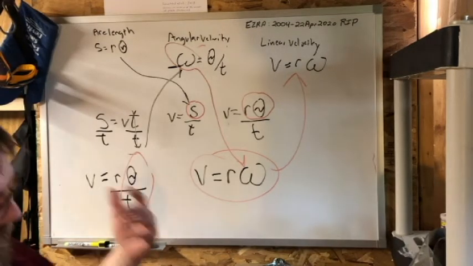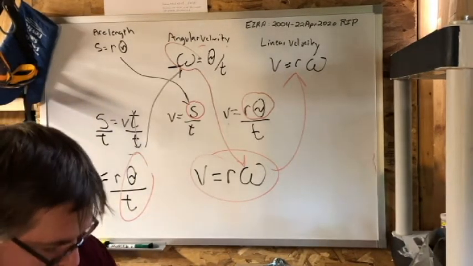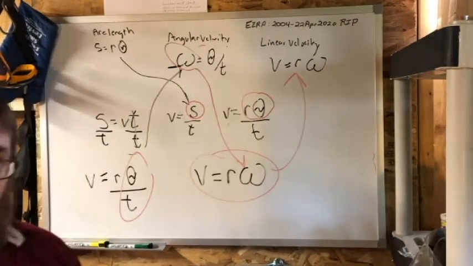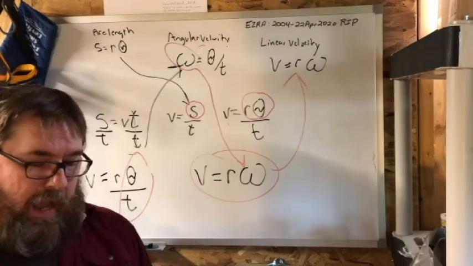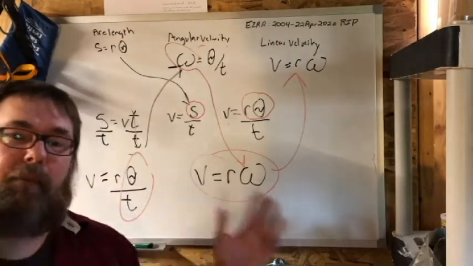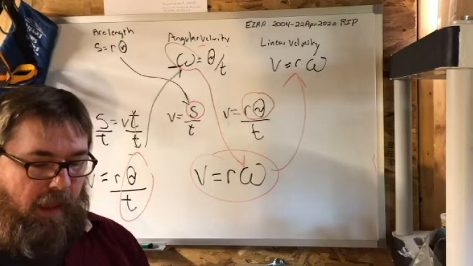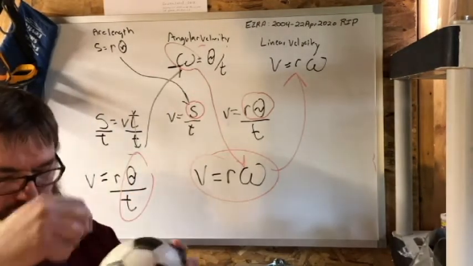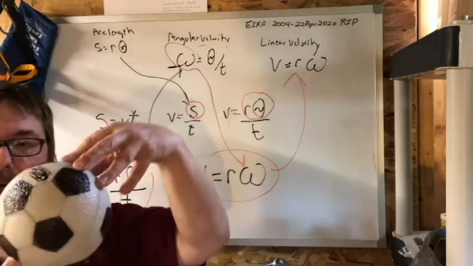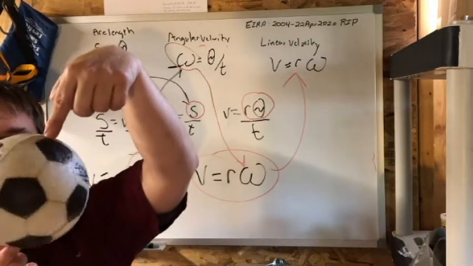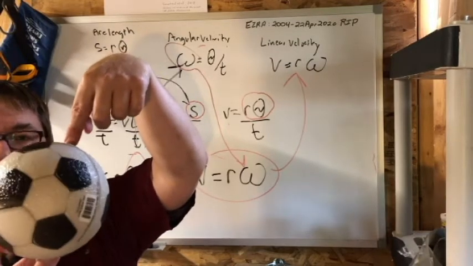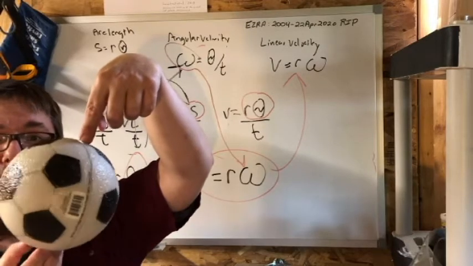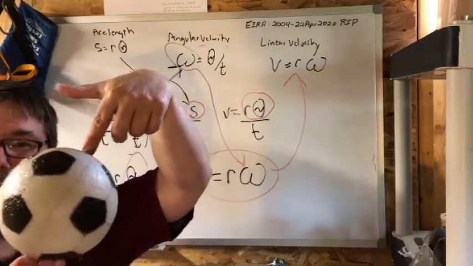Now, when you see me talk about angular velocity and linear velocity in Euler poles in a few minutes, I am going to talk about them as separate things. The angular velocity, when something moves, say you have the axis of the Earth and it's rotating, could be measured in RPMs, radians per second, or degrees per hour, which is 15 in this case.